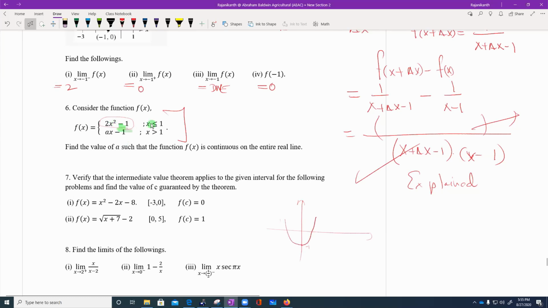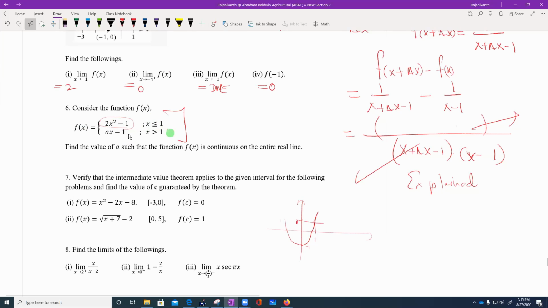But remember, the parabola piece is only for x less than 1. What will happen if x is 1? If you plug in 1 here, you will get the function value at 1. If x is 1, you will get 2 minus 1, which is 1. Positive 1, right? So the function will be 1 somewhere.